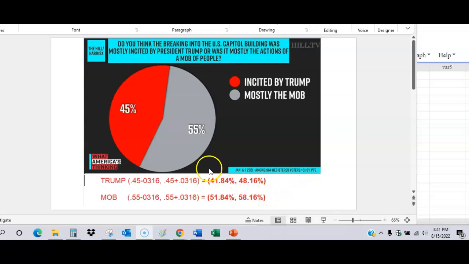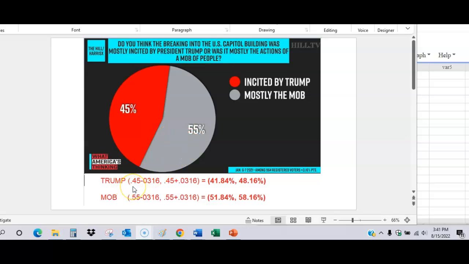So to create these intervals, where we believe 95% that the population would fall within, we just take these 3.16 percentage points, we subtract it and add it to each of our values.